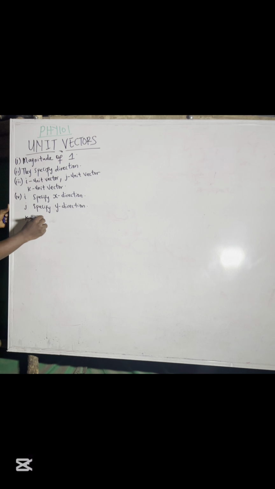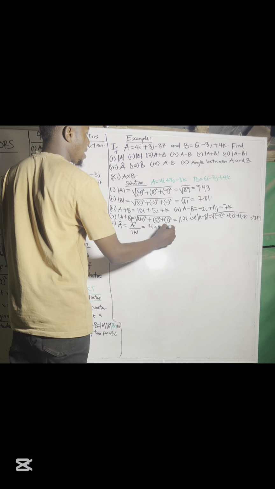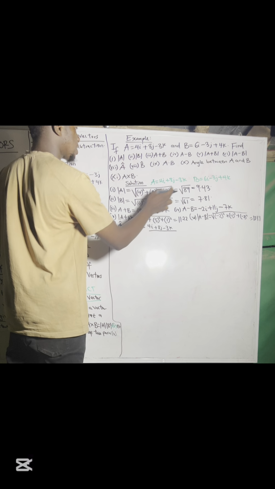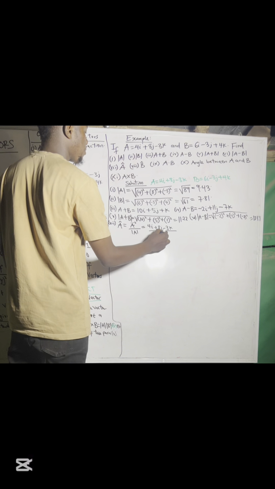Remember the formula for unit vector of A, that will just be vector A all over the magnitude of the vector. Don't forget, you can just put the arrow here to show that it's a vector. The vector A given was 4i plus 8j minus 3k all over the magnitude of the vector A, that is 9.43.